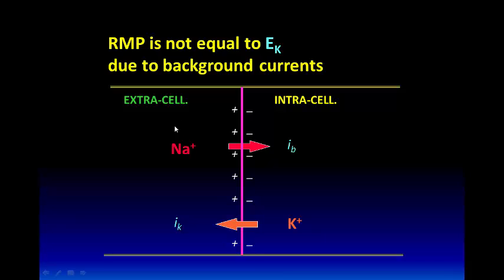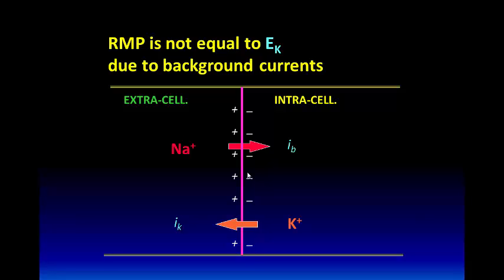When sodium ions get in, carrying positive charges with them, this slightly lowers the negativity of the inner surface of the membrane. Thus, the resting membrane potential, which we measure experimentally using the galvanometer and the two microelectrodes, is slightly less negative than the equilibrium potential for potassium.